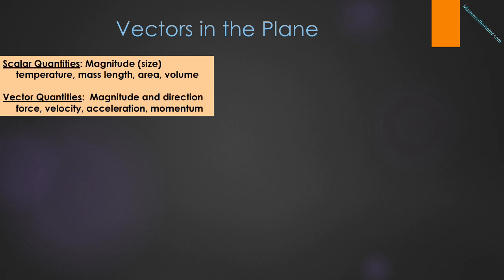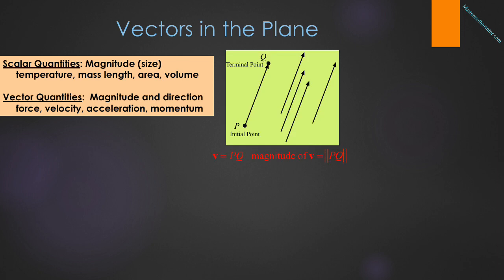For instance, if we are talking about a wind out of the east at 15 miles an hour, the 15 represents the magnitude and the direction is east. That is a vector. To represent these vector quantities, we use a directed line segment as shown in the figure.